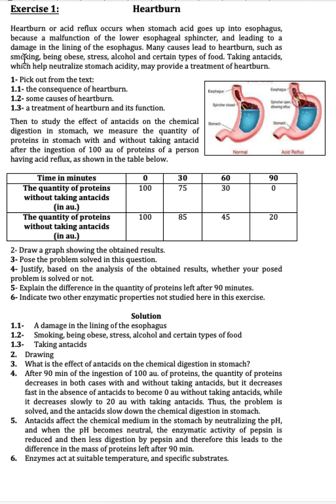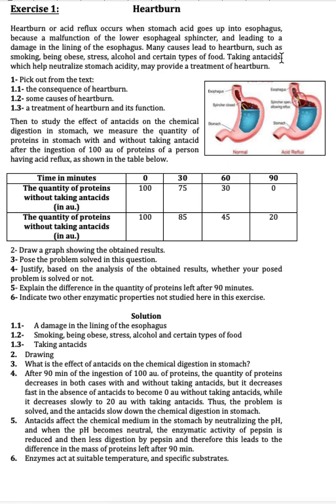So smoking can lead to heartburn. Being obese, meaning eating too much, especially lipids and sugars, stress, alcohol, and certain types of food, but they are not present here. What are the types of food that lead to heartburn?